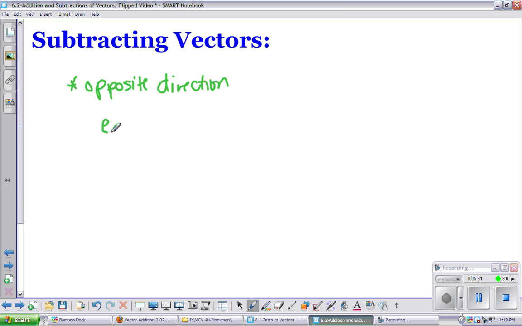And so, for example, if we had the vector A minus B, that's the same thing as doing the vector A plus the negative direction of the vector B. So if we had a vector like this that was B, and we had to subtract it from the A, we would take this and make it parallel. Those should be parallel. That would be the negative B. They need to have the same magnitude, just the opposite direction. And so that would be where the negative came from.